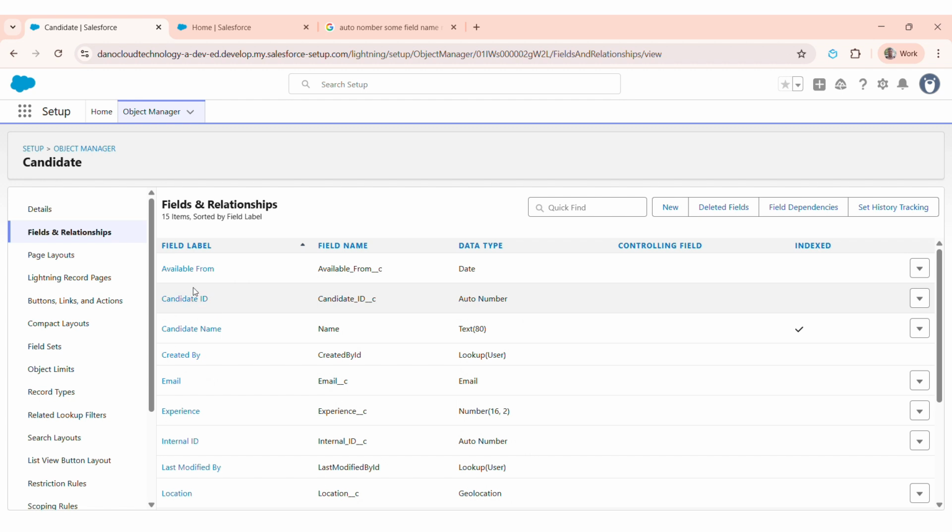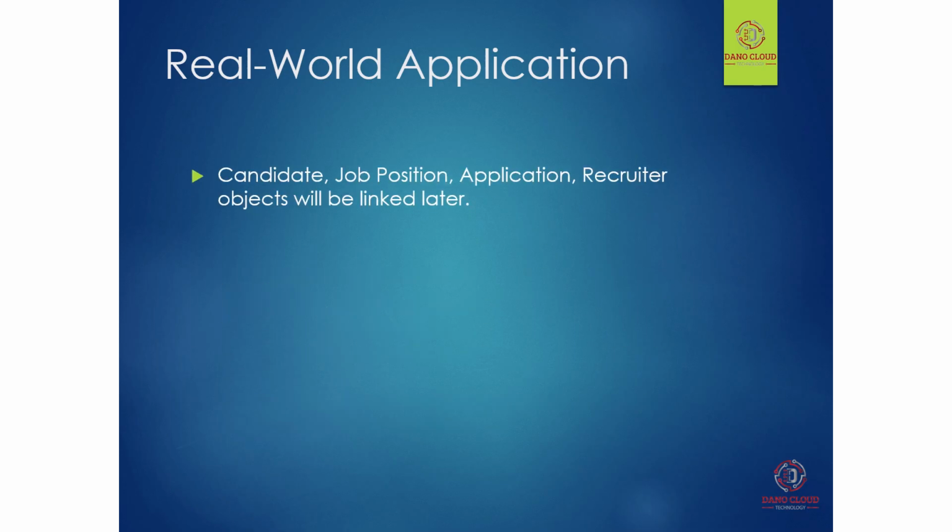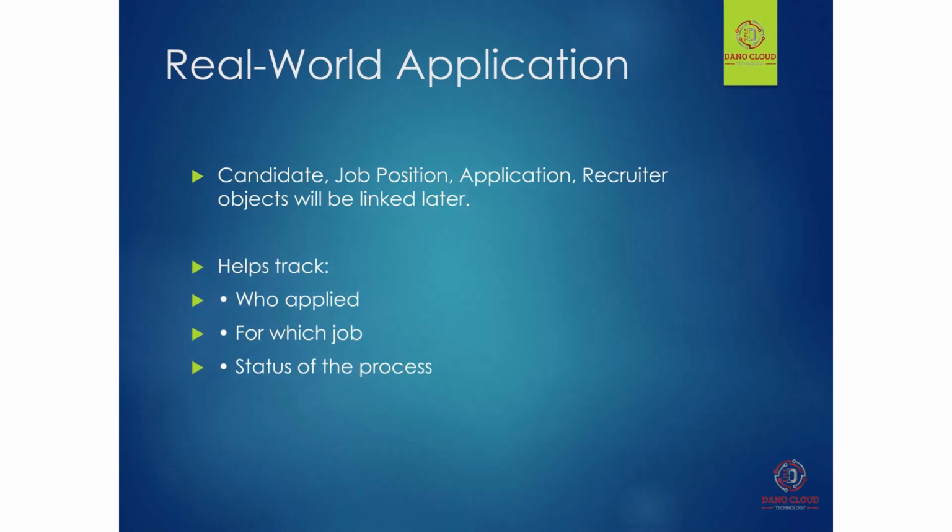So your homework is you create at least 5 fields for the candidate object. In the recruitment, this object will connect candidate, job position, application and recruiter. Together they answer key business questions like who applied for which jobs and what is the status of their applications. This is the real power of Salesforce object relationships.